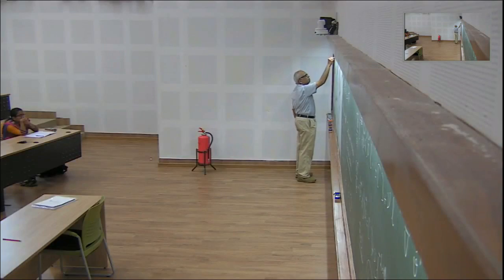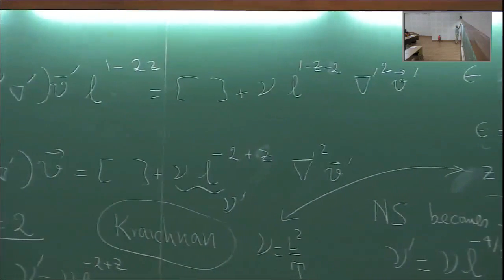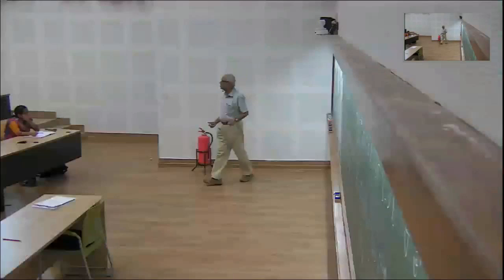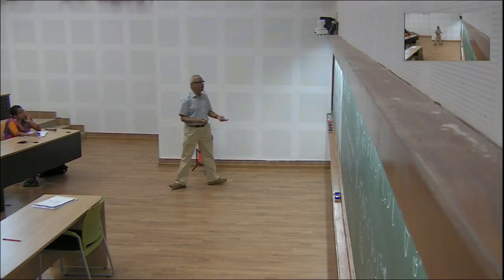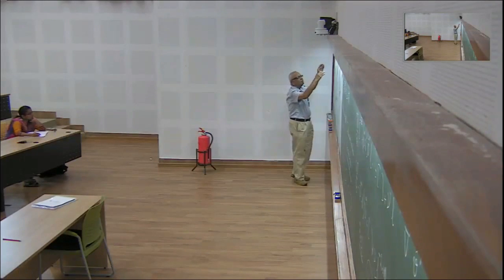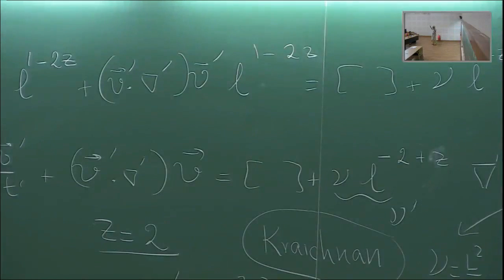The system is going to be a layer of fluid separated between two infinite parallel plates. Infinite, not infinite obviously, but some distance L such that L over d, the so-called aspect ratio, is much greater than 1.